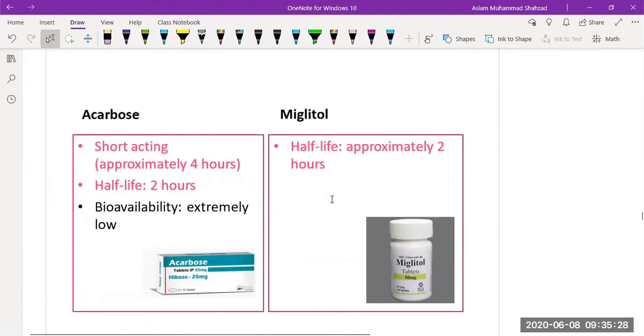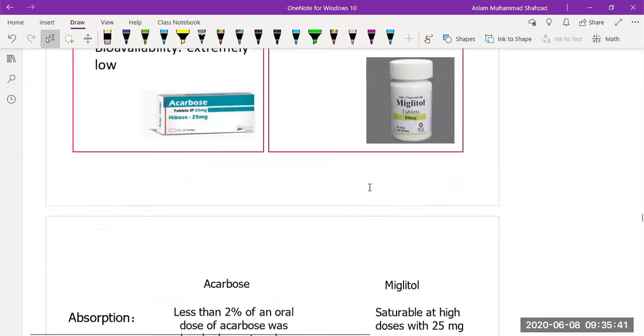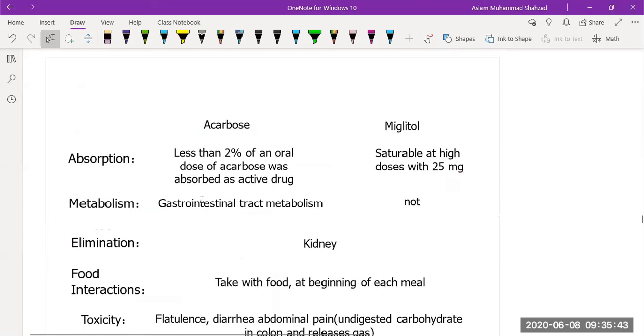These two drugs, acarbose is short acting, approximately 4 hours, half-life is 2 hours, bioavailability is extremely low, and miglitol has a half-life of around 2 hours. For absorption, less than 2% of the oral dose of acarbose is absorbed as an active drug. So it means that they are not absorbed as an active drug.